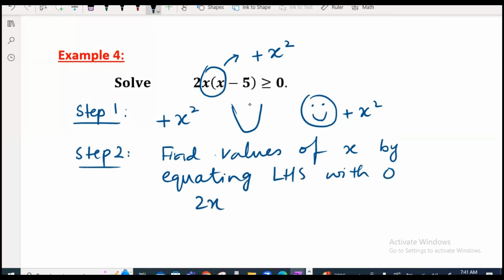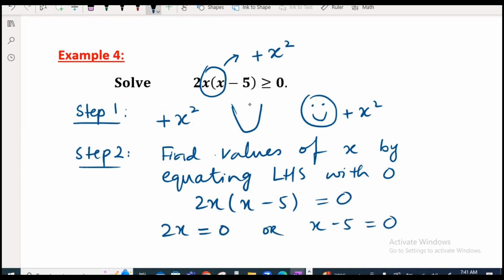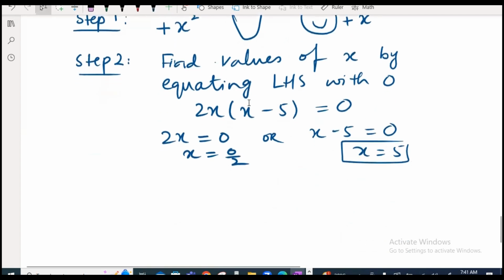So 2x times x minus 5 equals 0. 2x, one factor equals 0, or the other factor x minus 5 equals 0 here. So x equals 0, and x equals 5, the second value, and the first value will be 0 here. So we have two values.